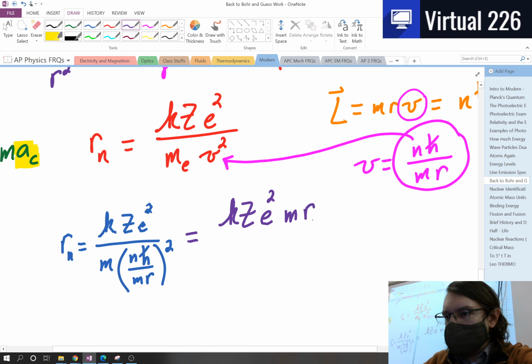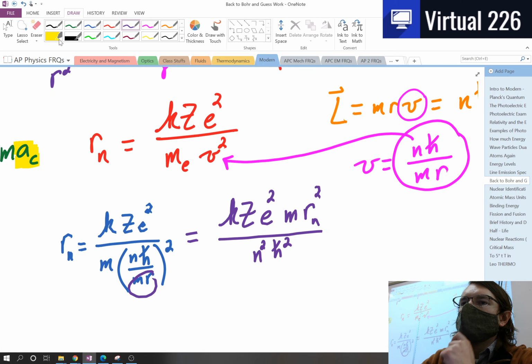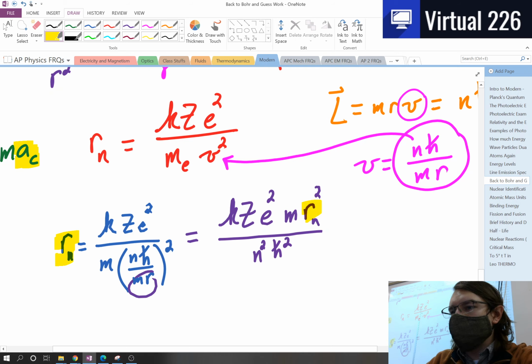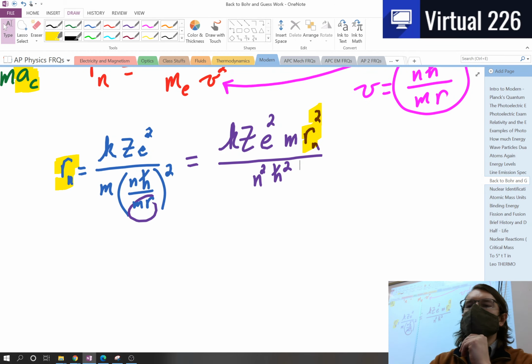times r_n squared, because this came from the bottom up to the numerator, and then divided by n squared h bar squared. Which means, now that I've got an r_n equal to some r_n squared, one of them's going to go away, and then I'm going to have to transfer all the terms over to the other side.